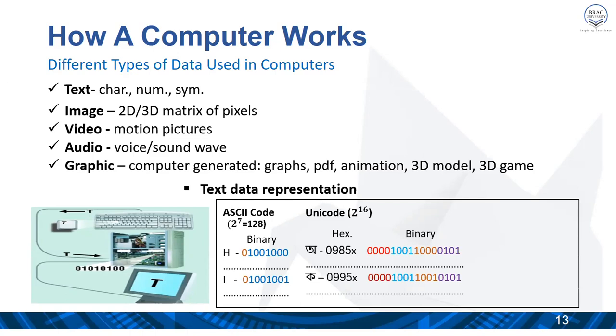Unicode is a 16-bit code that can represent a total of 2 to the power 16, that is 65,536 different entities of different languages. Hexadecimal number systems can also be used to represent Unicode.